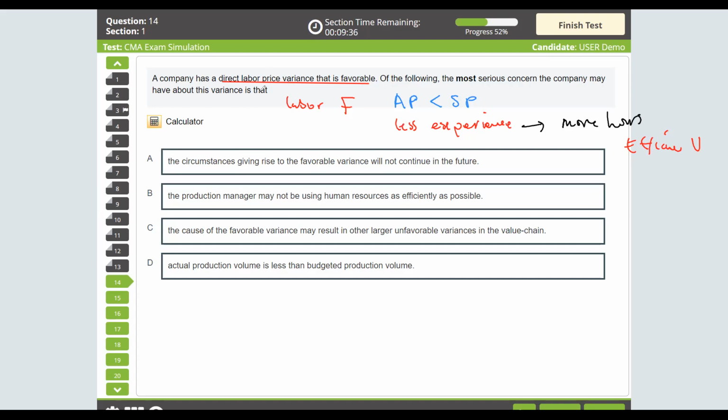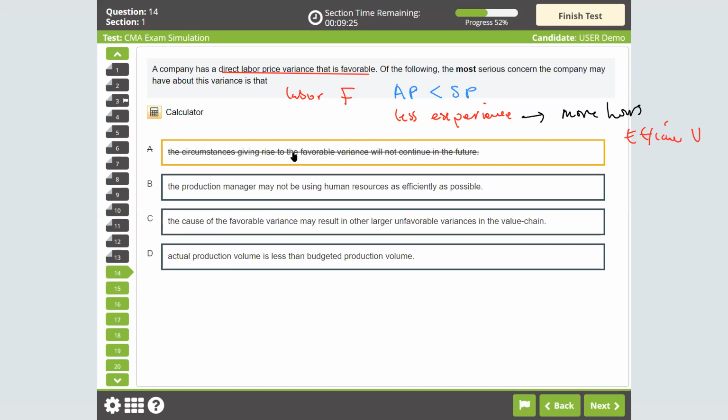So I'm going to look through my answer choices and see which one matches with it. The circumstances giving rise to the favorable variance will not continue. We don't know that, so we can just get rid of it. The production manager may not be using human resources as efficiently as possible. That is not the case. It does not help us with this question.